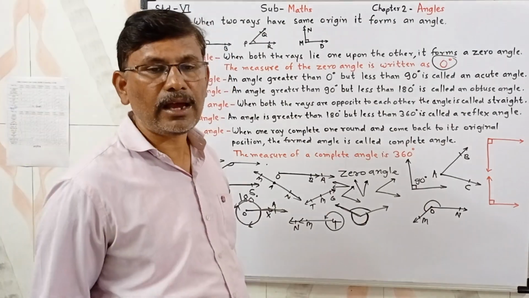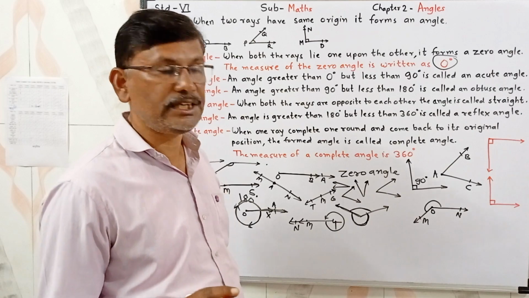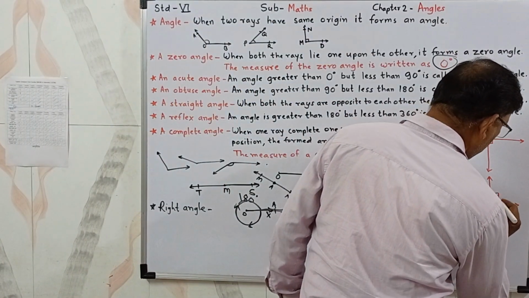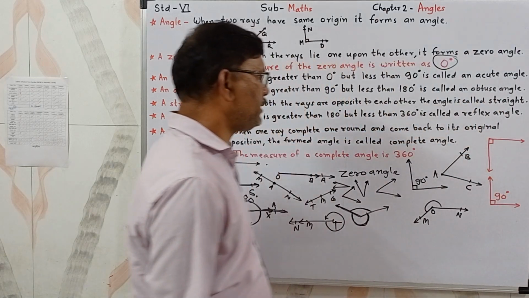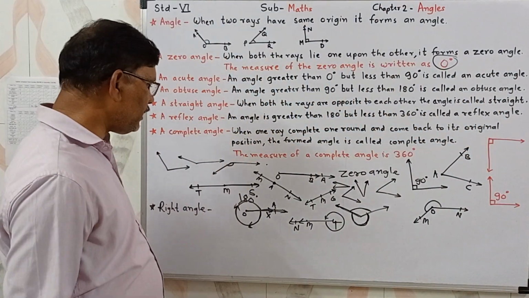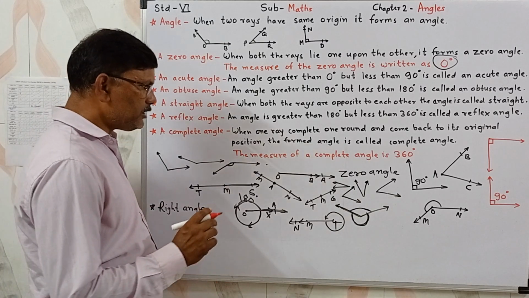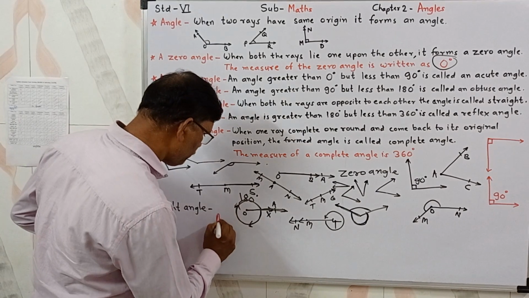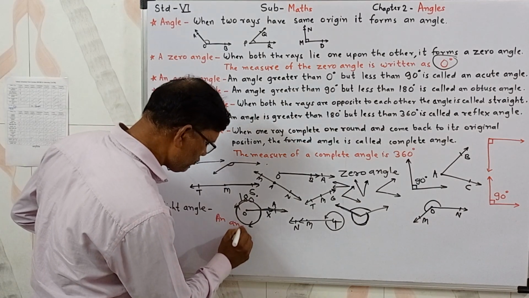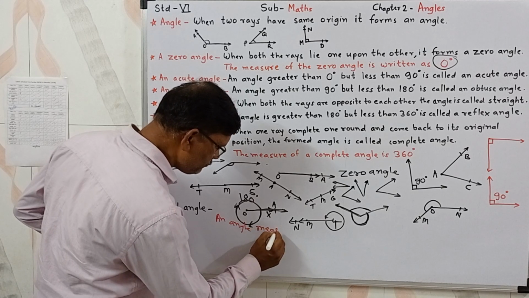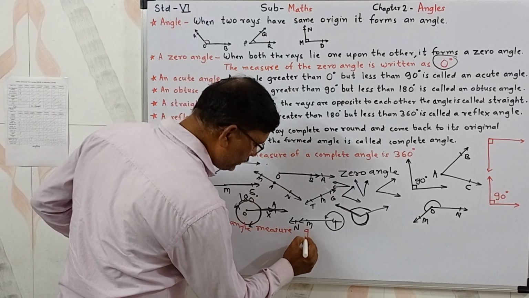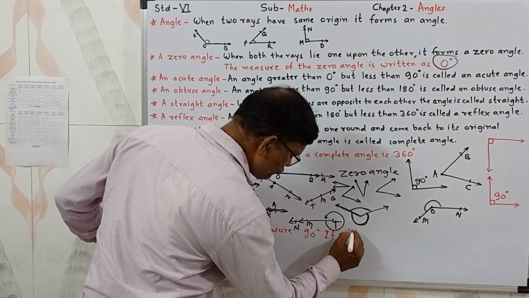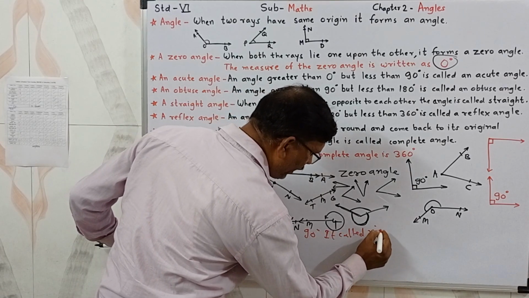A right angle measures 90 degrees. When an angle measures 90 degrees, it is called a right angle.